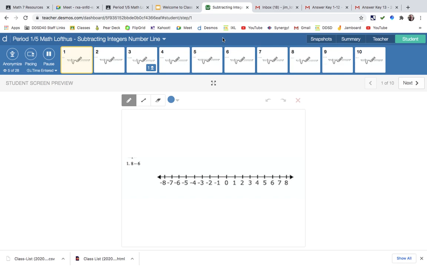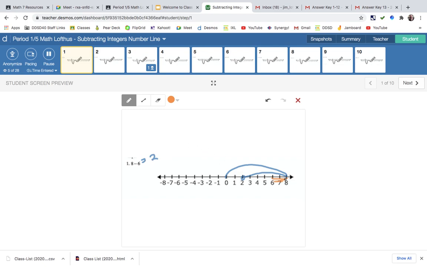If I'm going to do 8 minus 6, I can start at 0, go to 8, and then minus 6 and end up at 2. Another way is to think of the difference between 8 and 6. So there's 8 and there's 6 and the difference is 2.